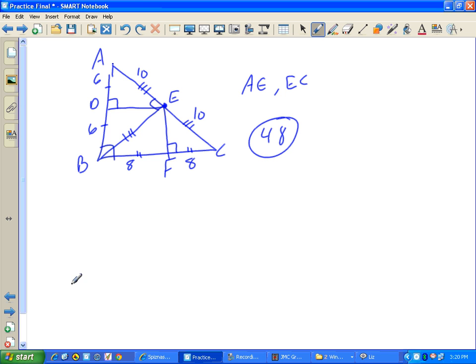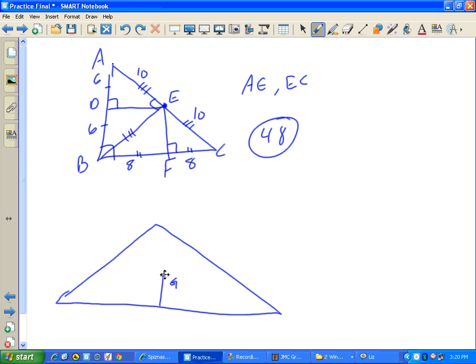Okay, the next picture they give us has an in-center on it. Okay, so G here is my in-center. I get these perpendicular segments. That's measuring the distance from the in-center to each side. So I know that those are going to be congruent. And then I've got the angle bisectors, which is what formed my in-center.